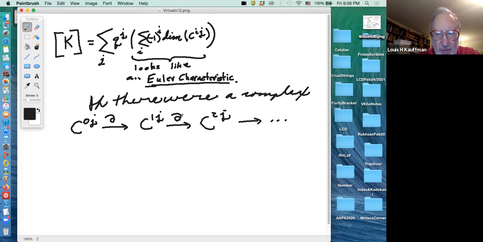I call them boundary maps even though the indices are going up, but we want them to compose, and I won't put indices on them. But we want a chain complex, and we want boundary composed with boundary to be equal to 0, and the j not changed by boundary.